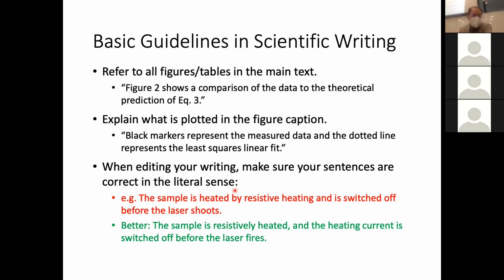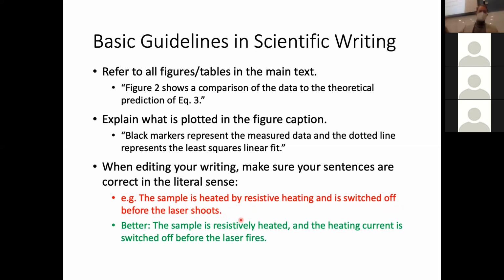So an example of a sentence that one of my students wrote, they were doing a surface science experiment, and they wrote, the sample is heated by resistive heating and is switched off before the laser shoots. Okay, so literally if you read the sentence, it would say that the sample is switched off before the laser shoots.